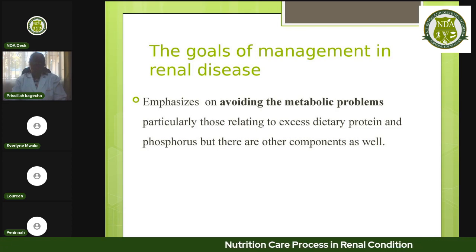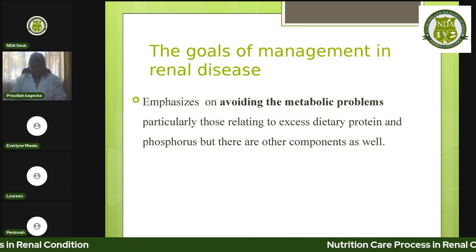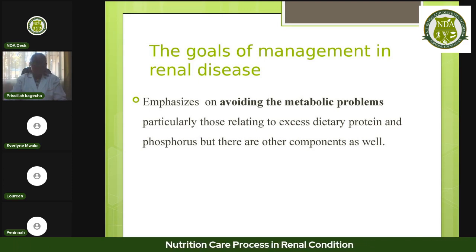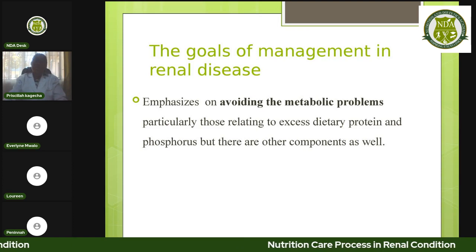There are many components which you may also want to look at: protein, potassium, calcium, fluid, vitamins, and minerals. It is also very important, as we said earlier, to know the reference ranges, which will help you to know your intervention.